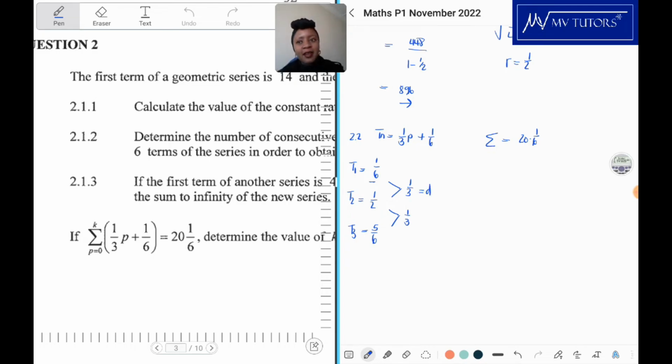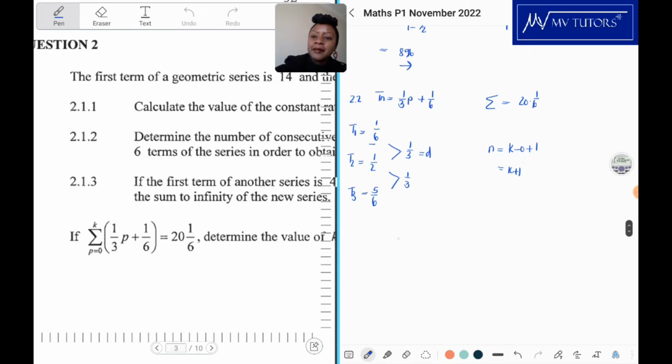Okay, and that is d. So I have a, which is 1 over 6. I have d, which is 1 over 3. And n, what is n? n is the top part minus the bottom part plus 1. So it's basically k plus 1. Now we can finally write our sum formula, and we're going to look for k.